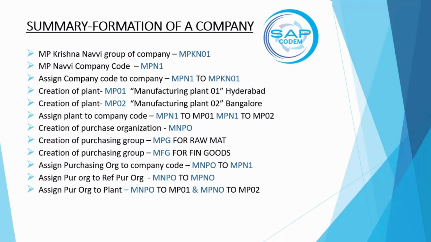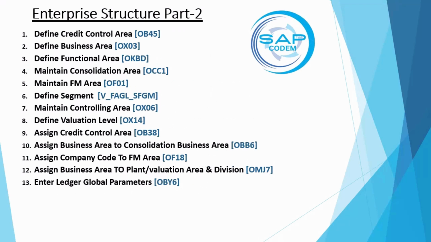Now we will do it as is in the real-time SAP system. We create all this enterprise structure in real time in the SAP system. That's in the next session. Now, this is only the part one configuration. When you go to part two, these are the configurations.